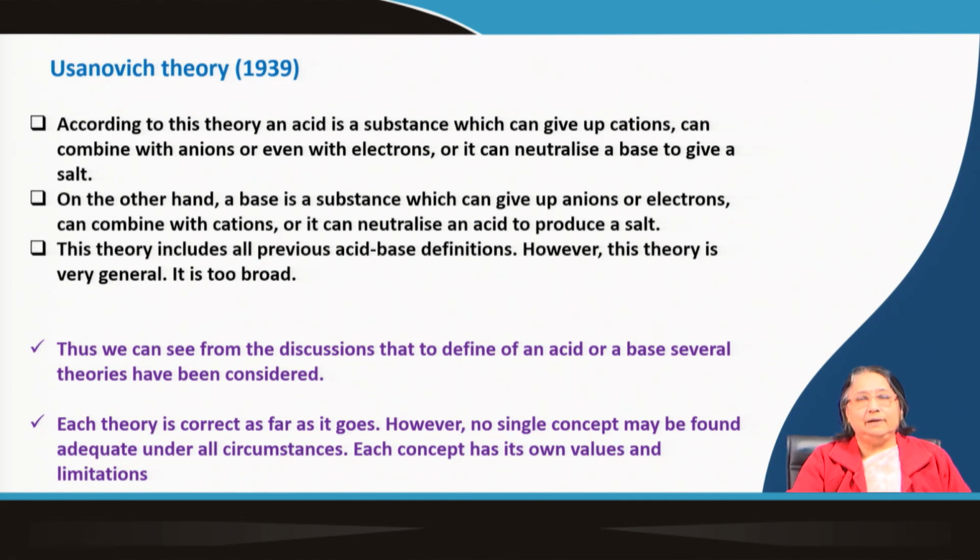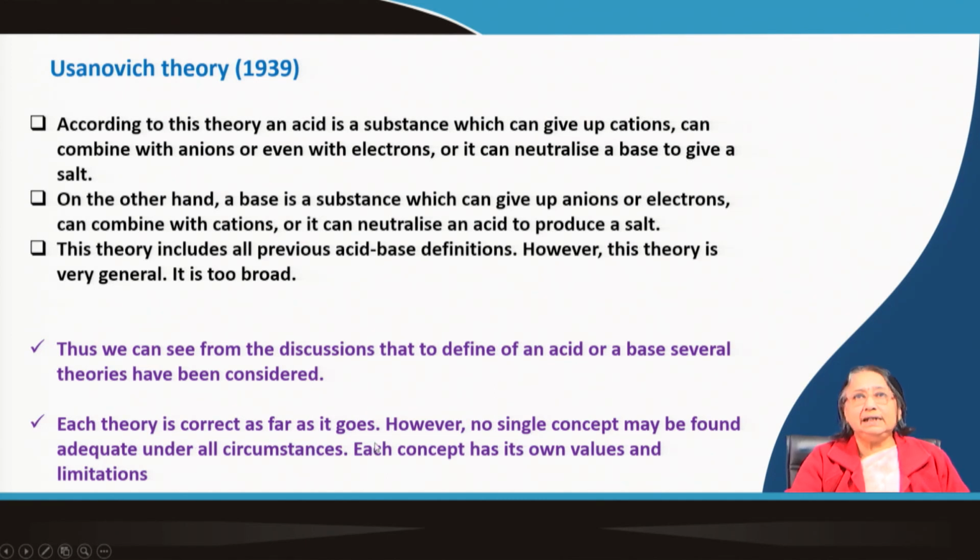Thus, in this lecture we have discussed that several theories have been considered to define an acid or a base. Some have advantages, some have limitations, but each theory is correct as far as it goes.